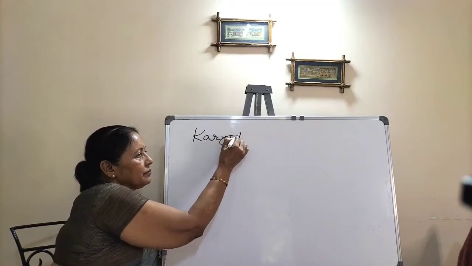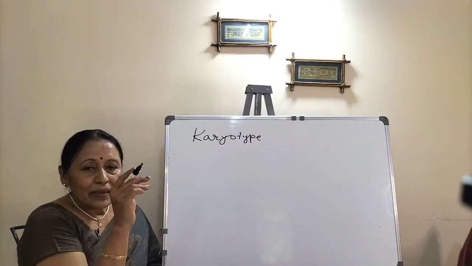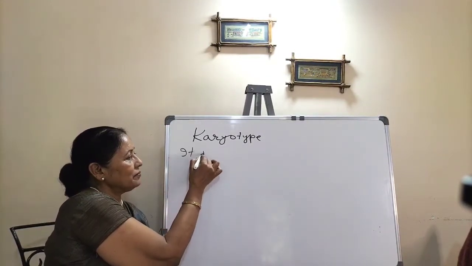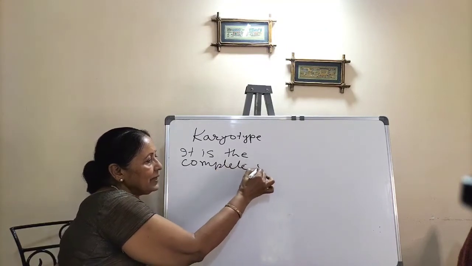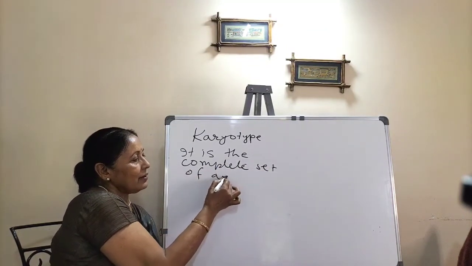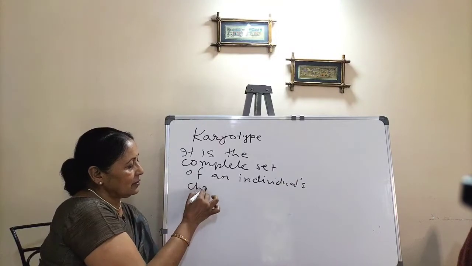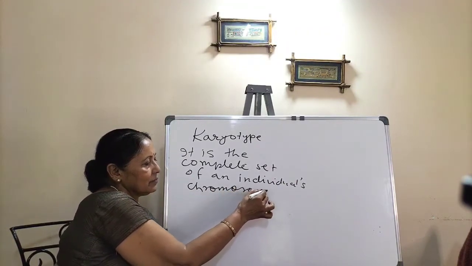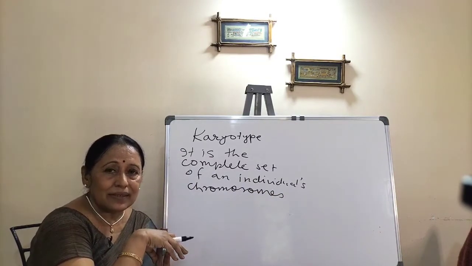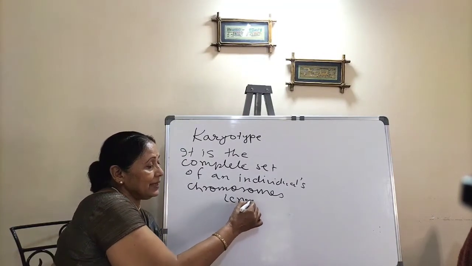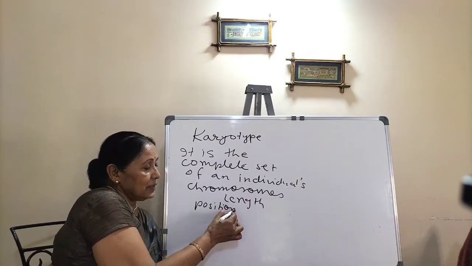Karyotype. What is a karyotype? Karyotype is the complete set of an individual's chromosomes which are arranged as per many criteria, like they are arranged as per their length, as per the position of centromere.